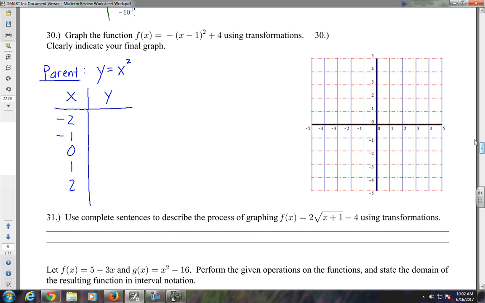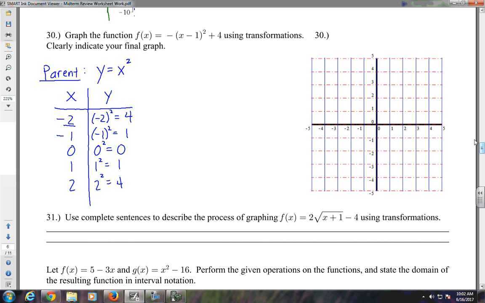If I plug each of these values into x and calculate y, if x is -2, y would be -2 squared, or 4. If x is -1, y would be 1. If x is 0, y is 0. And we continue evaluating. Then I have a set of ordered pairs that I can plot.